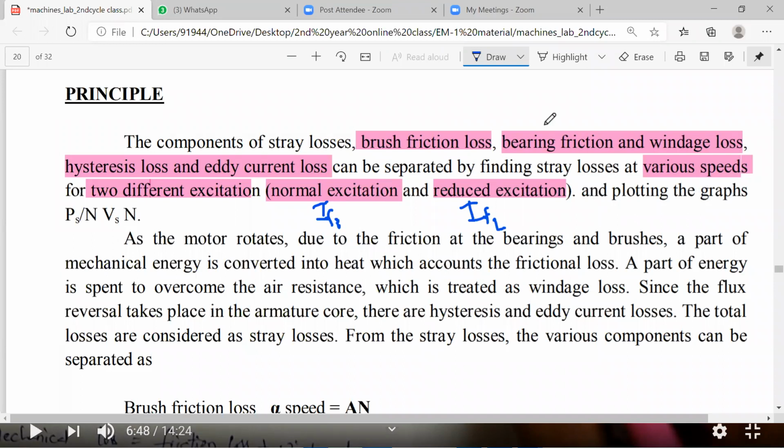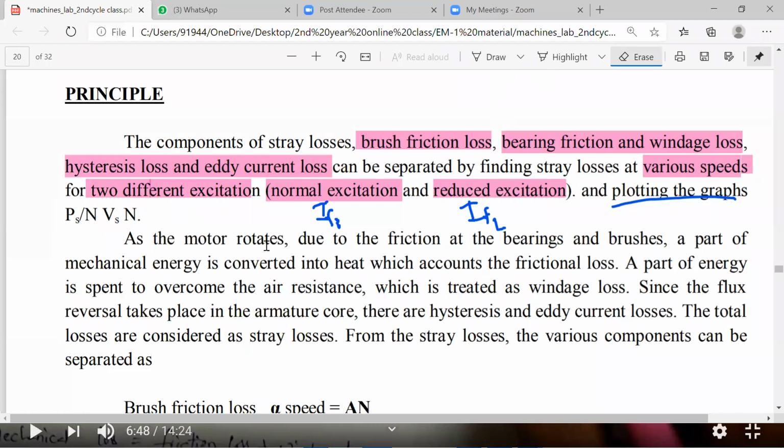Then plot the graphs between P by N versus N, that is, stray losses per speed versus speed.